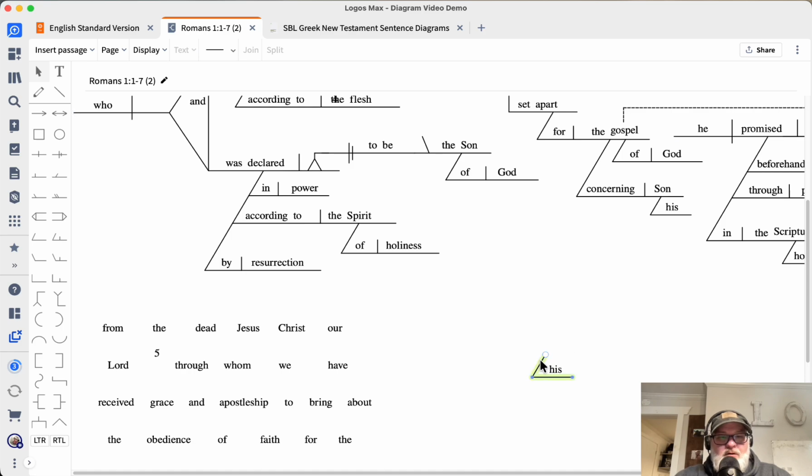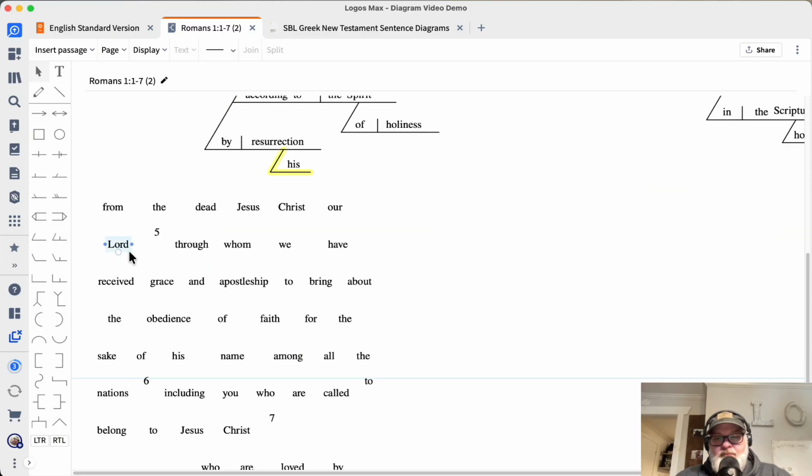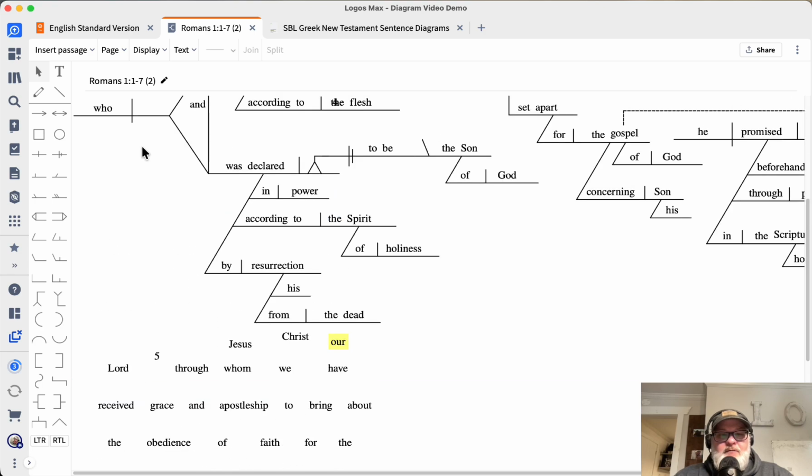And then this is where our little shelf is going to come in here. And it's his resurrection, but it's also a resurrection telling us where he was raised from, and it's from the dead. So I'm going to go ahead and kind of hook all this together.